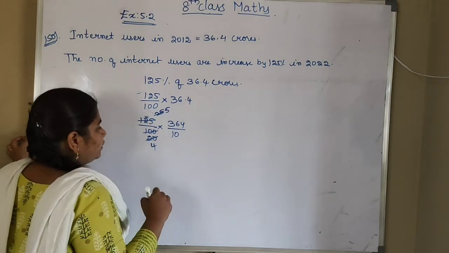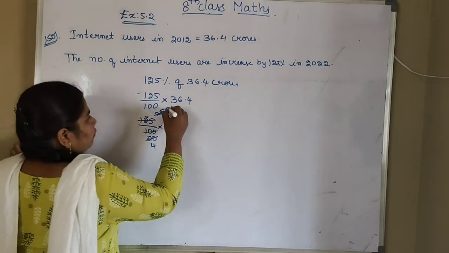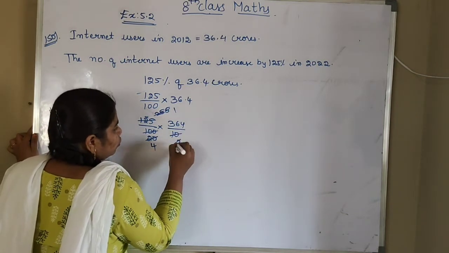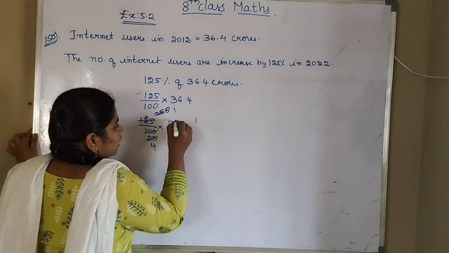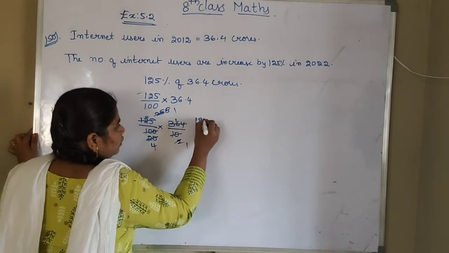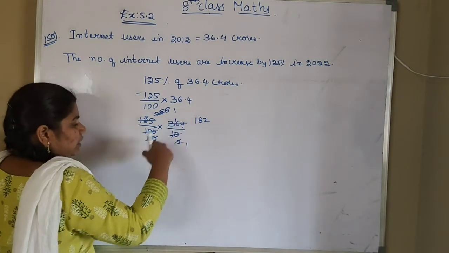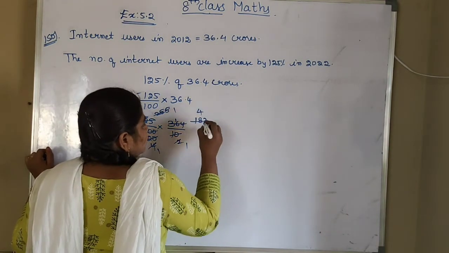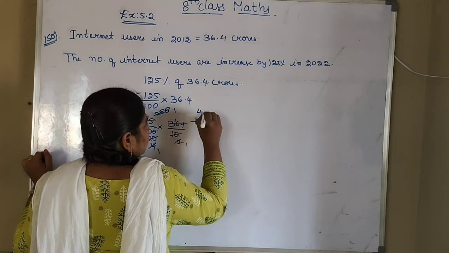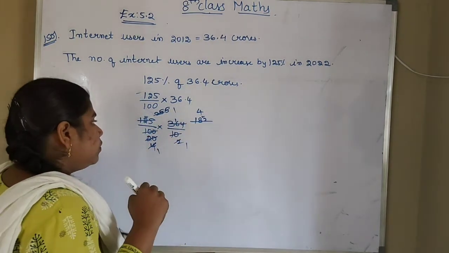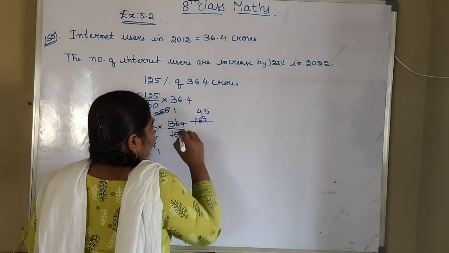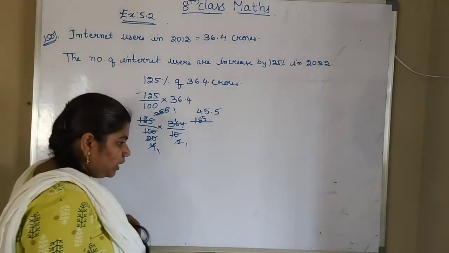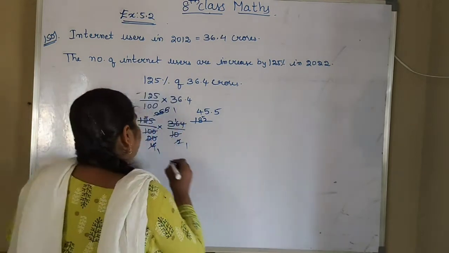Now 5 1s are 5, 5 2s are 10. Now 2 1s are 2, 2 8s are 16, 2 2s are 4. Now I am cancelling in the 4 table. 4 1s are 4, 4 4s are 16, 2 will be remaining. So 4 5s are 20. You will get 0.5. Okay, that will be 45.5 crores.